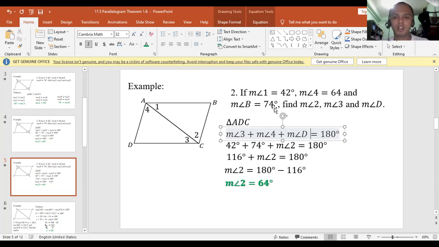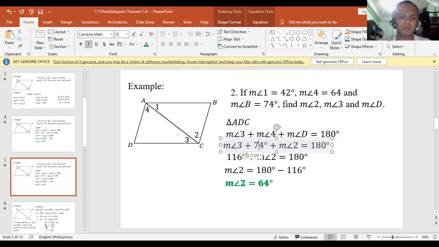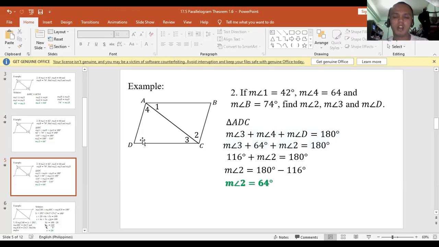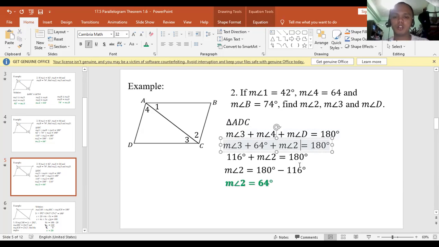Now, your measure of angle 3 is unknown. No? So, copy natin to. Your measure of angle 4 here is 64. Your measure of angle D here, again, B and D are opposite angles. If your B is 74, therefore your D is also 74 degrees.